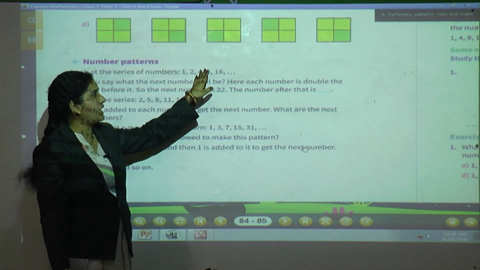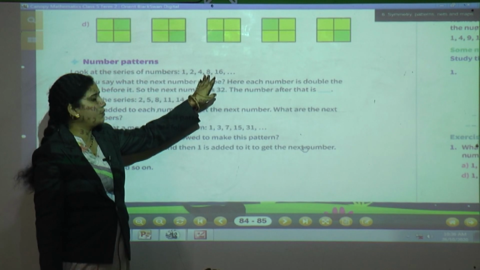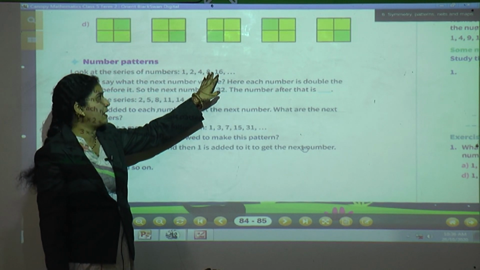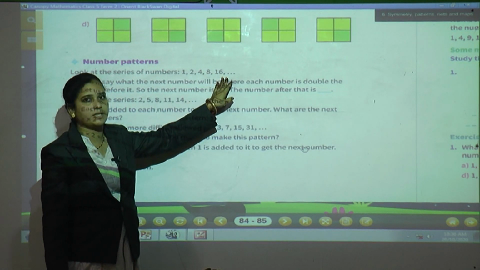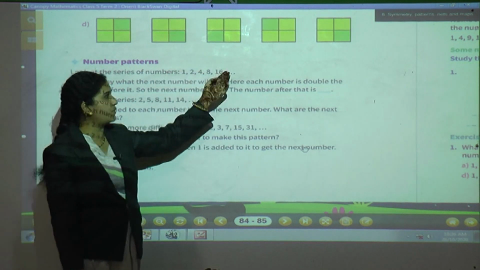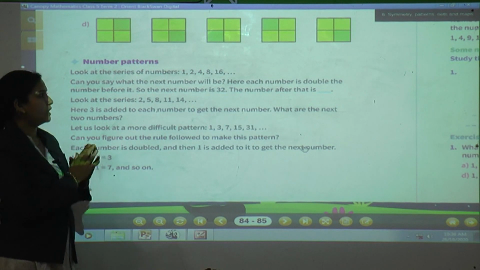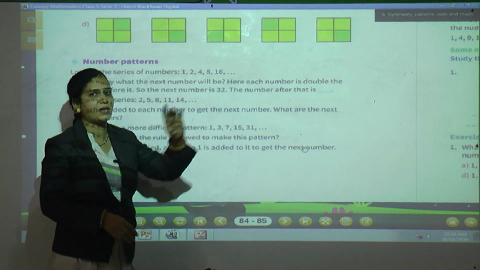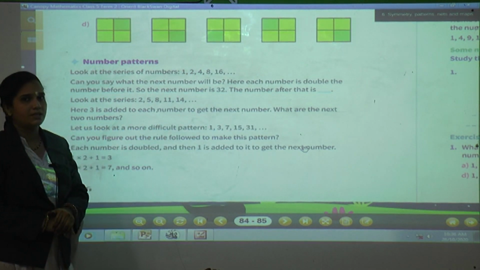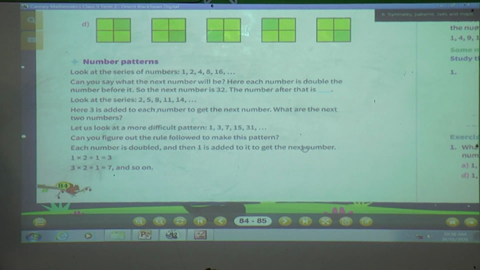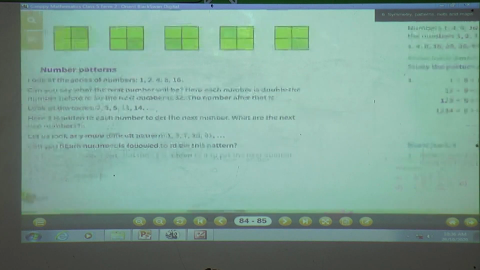Again, if you multiply 4 by 2, you will get 8. If you multiply 8 by 2, you will get 16. And if you want the next two numbers, just multiply 16 by 2, you will get 32. Again multiply 32 by 2, you will get 64. So in this way, you can solve the pattern sums.